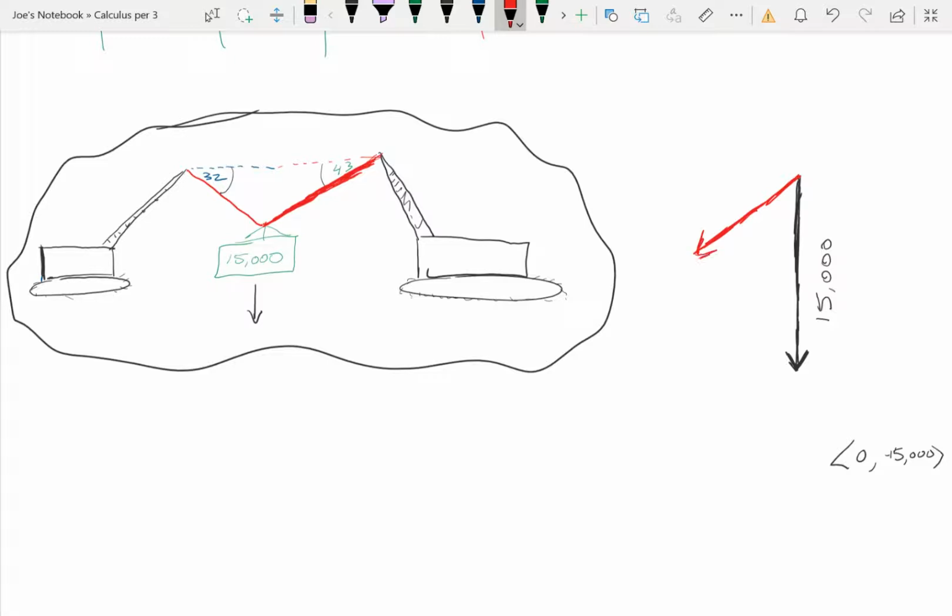See how it looks exactly like the other vector. Then the other vector, I'll do it in green. I know it was drawn in red, but I'll put this one in green. It looks like that. So using our vector tip to tail, I'm going to put that vector on there.